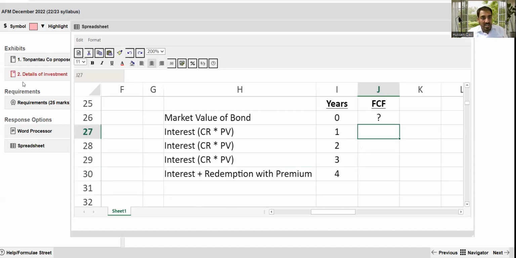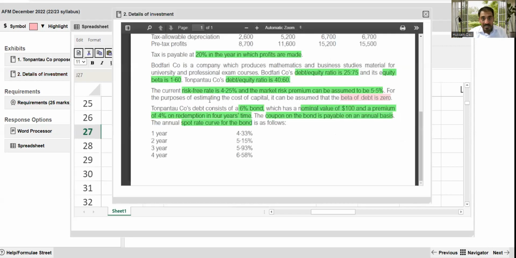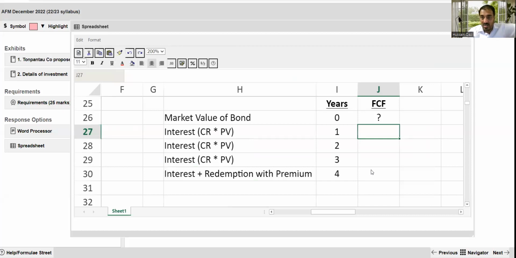So number one, coupon rate. What is the coupon rate? Do you remember 6% is the coupon rate? It's not KD. 6% will apply to this 100, and 100 is the nominal value, so 100 into 6%.